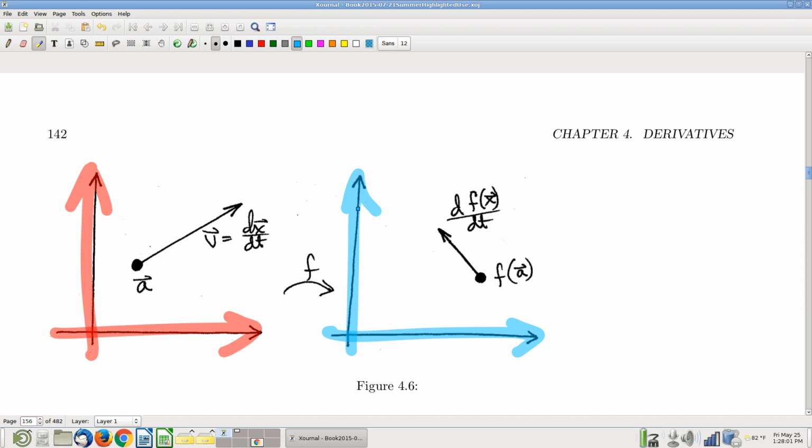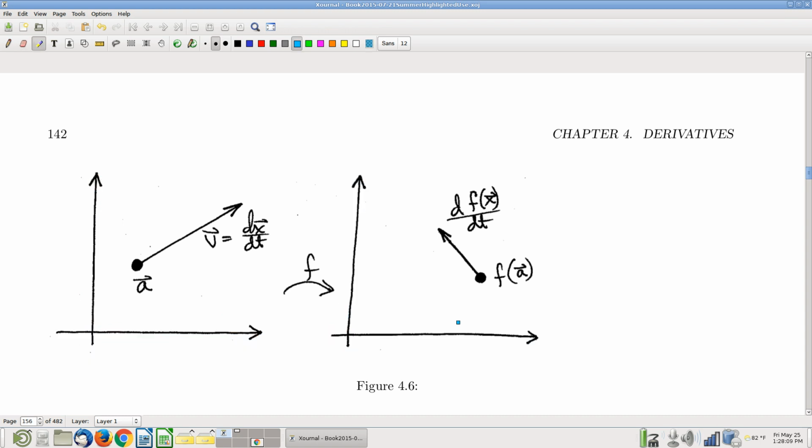So, multivariable function, what would I call a derivative? What should derivative mean in this context? Well, just like we were just talking about, suppose my input point is moving with some velocity in the domain. What is the corresponding velocity of its image in the target?